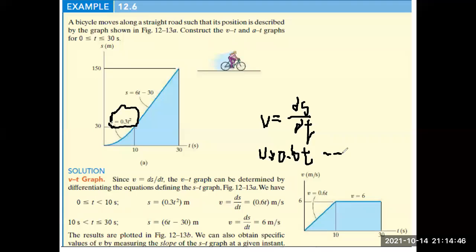This is the first equation, for the domain where T is between 0 and 10. Exactly. Okay, so we can represent the graph. What do you need to do now to draw the graph?